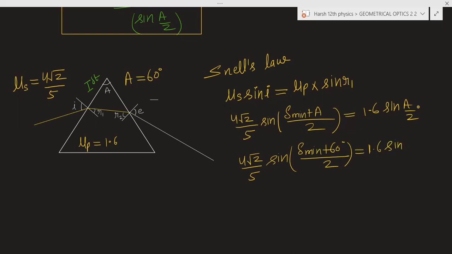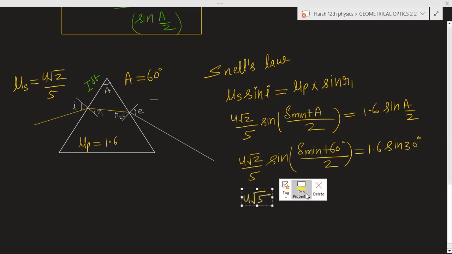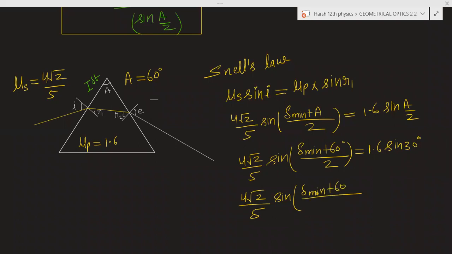A by 2 means 60 by 2, which is 30. Sine 30 is 1 by 2.